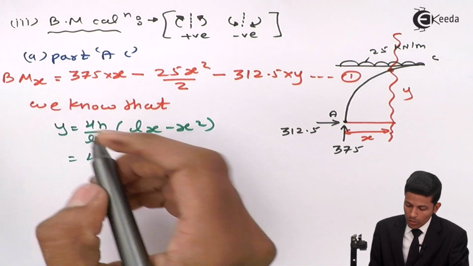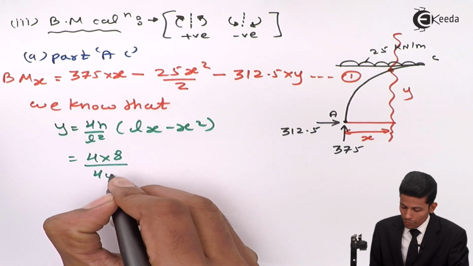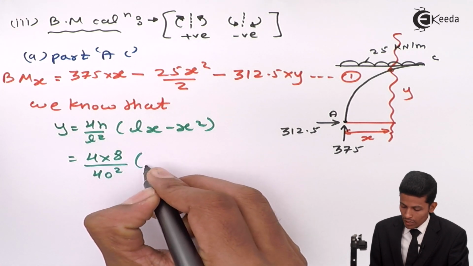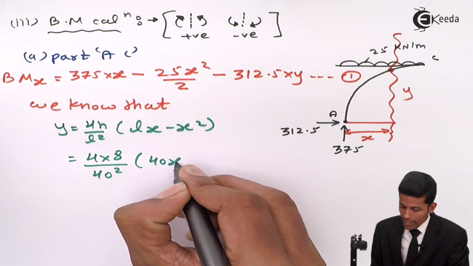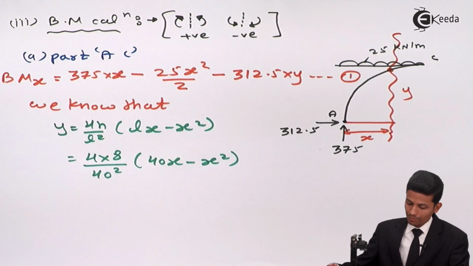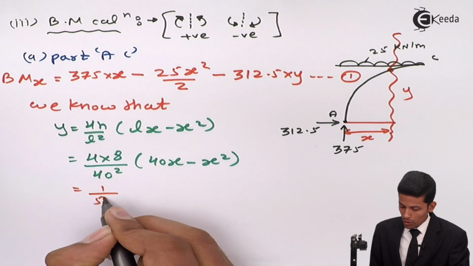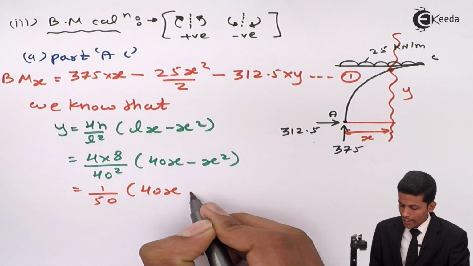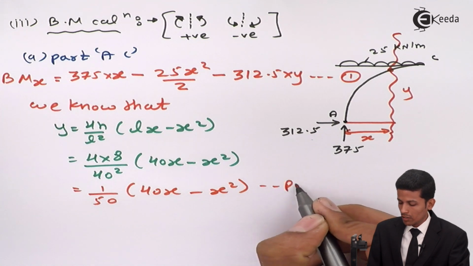H will come over here as 8 upon 40 square into 40x minus x square, so this will come as 1 upon 50 into 40x minus x square.